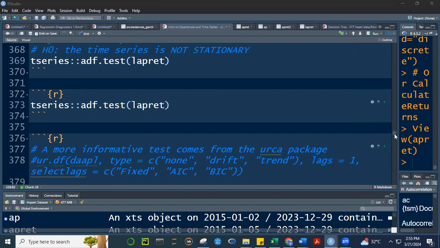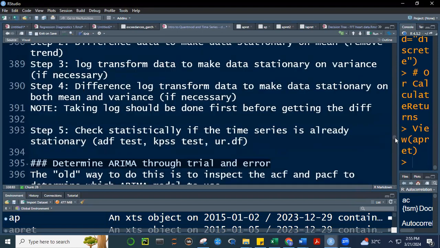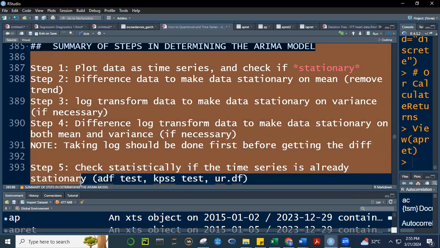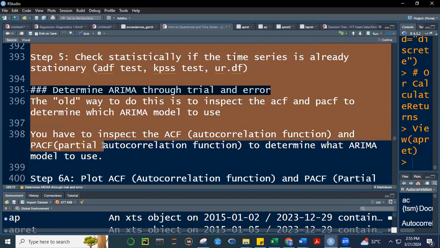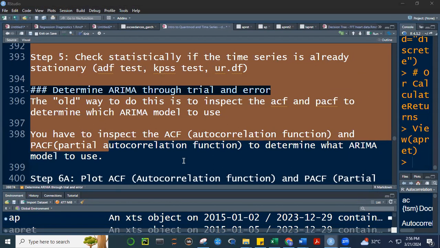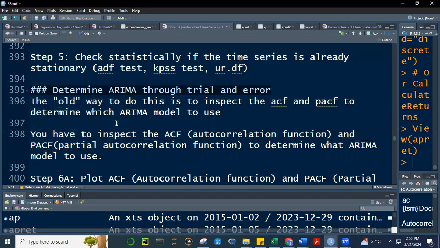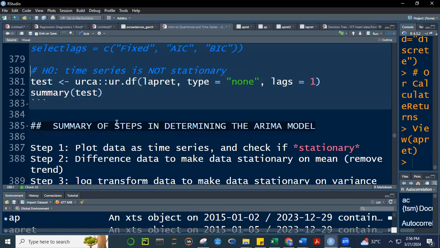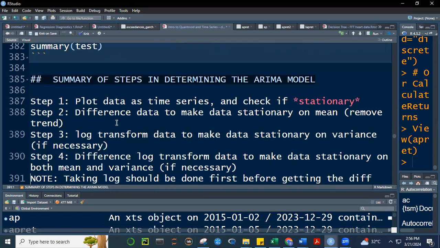All right. So let's have a brief review. I don't think I have shared this with you yet. So let's summarize. So in the chat box, I gave you the summary of the steps in determining the ARIMA model.